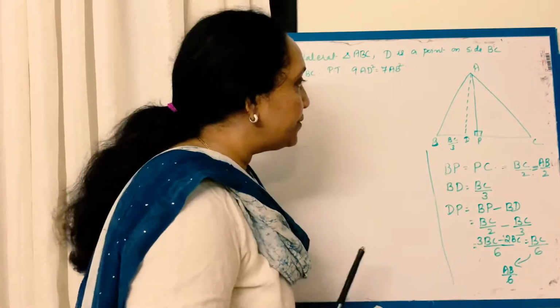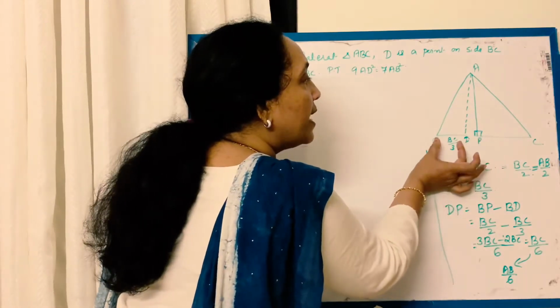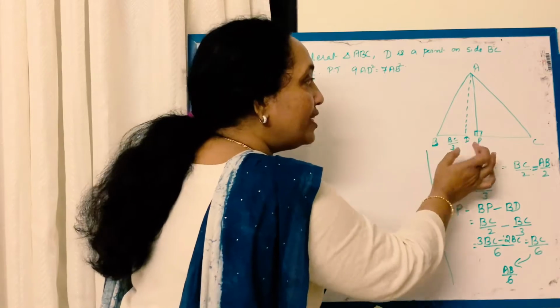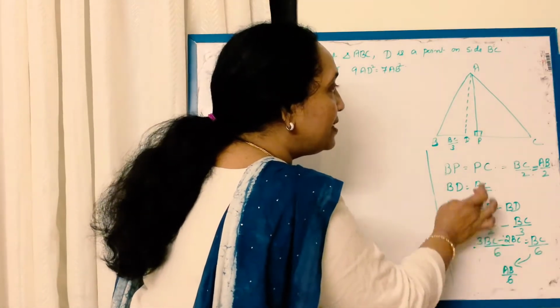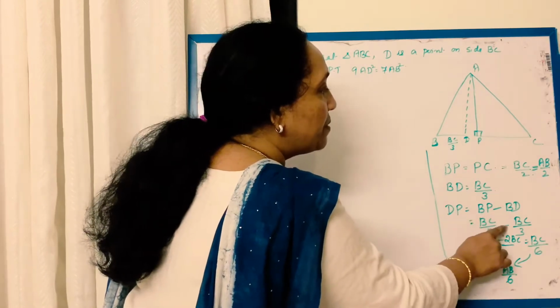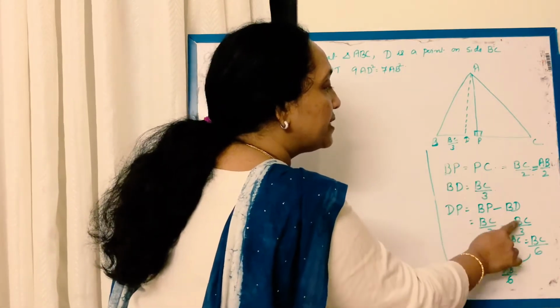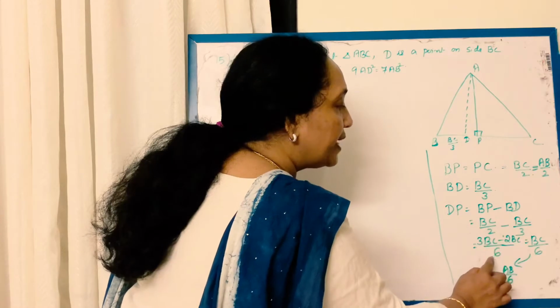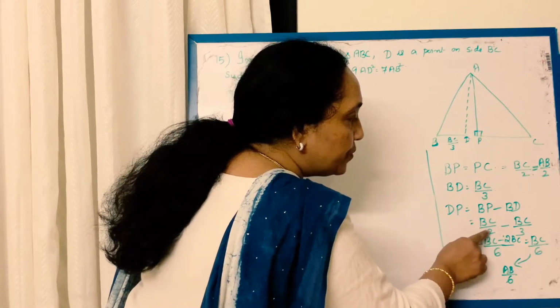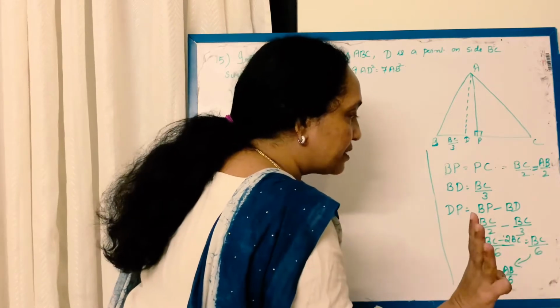DP is equal to BP minus BD. What is BP? BP is BC by 2. So BC by 2 minus BD, which is BC by 3. Now from there you take the LCM. LCM is 6. In 6, how many times does 2 go? 3 times.